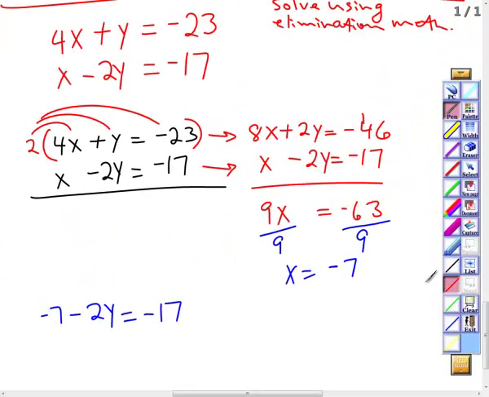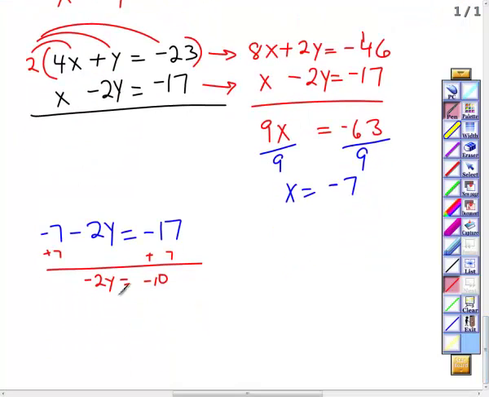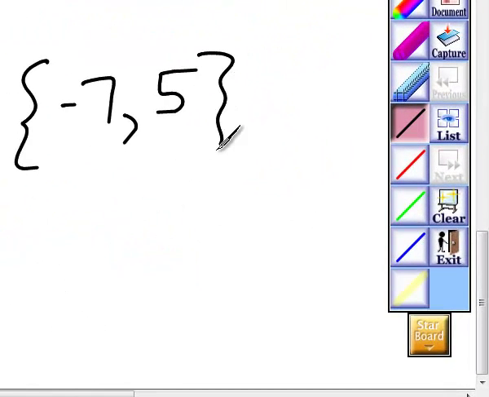And so we apply plus 7. Negative 2y equals a negative 10. And so y is going to equal what? Yeah, positive 5, right? Because you're going to divide negative 10 by negative 2, you get positive 5. Okay? And so this would be negative 7, positive 5.